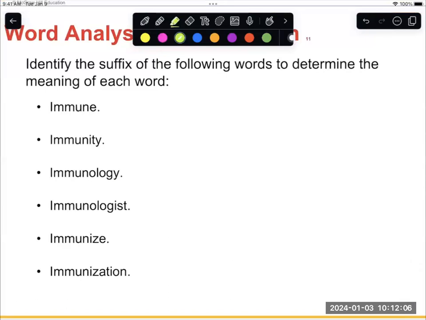So let's find the suffix to figure out what these words mean. Immune has no suffix. Immune in Latin means protected from disease. Immunity, our suffix, ity, is a condition of being protected from disease as well.